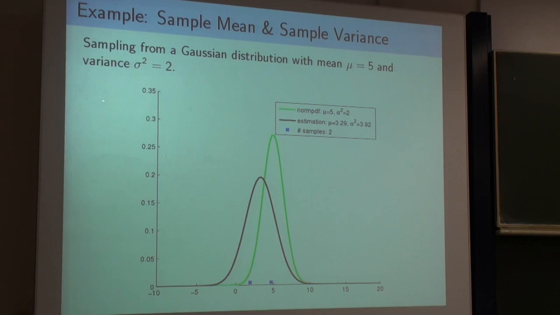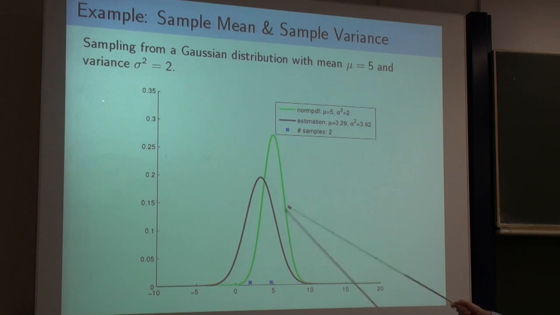And now we take the statistics view. Now suppose we don't know this original underlying green distribution. We just know these 2 data points. And now our task is to estimate the shape of this density function.